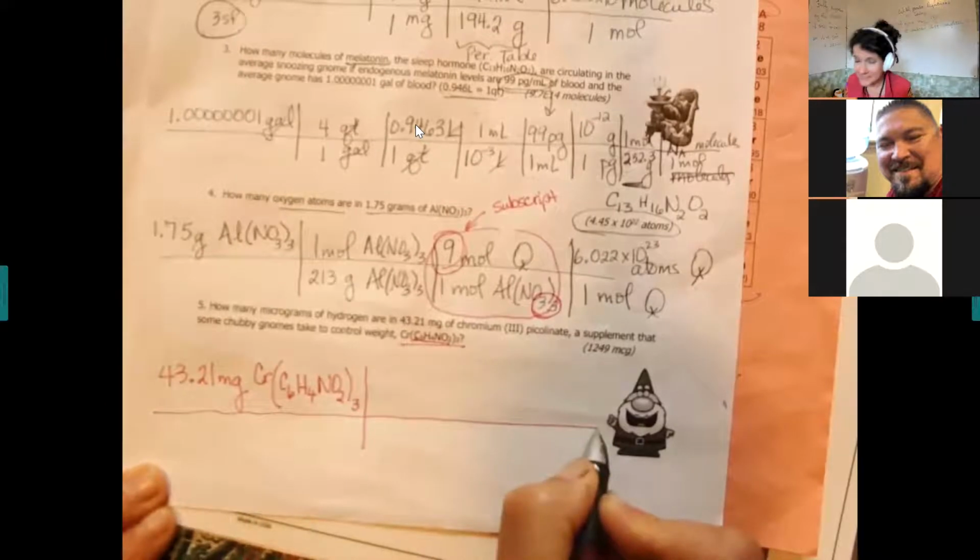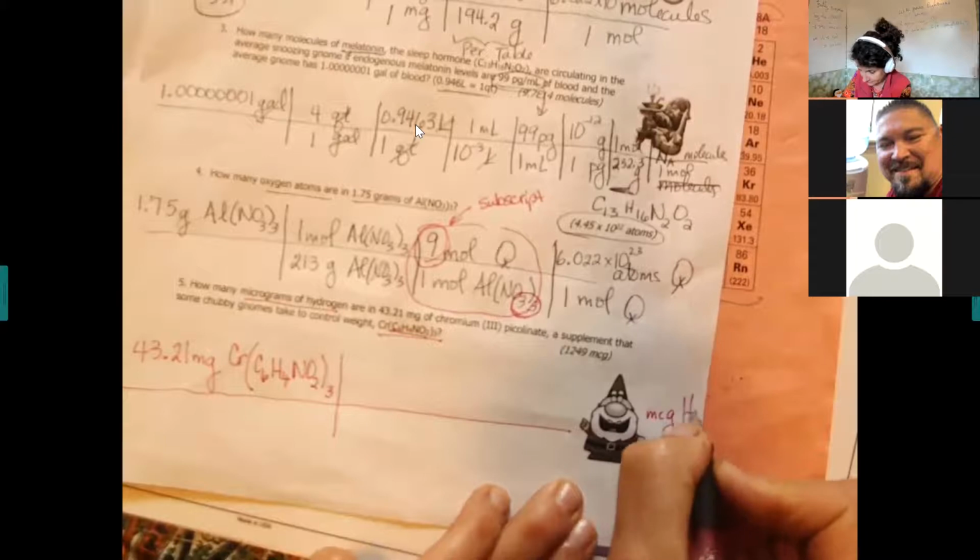So there are 18 carbons, 12 hydrogens, 3 nitrogens, 6 oxygens. Yeah, it's going to have pretty good mass.